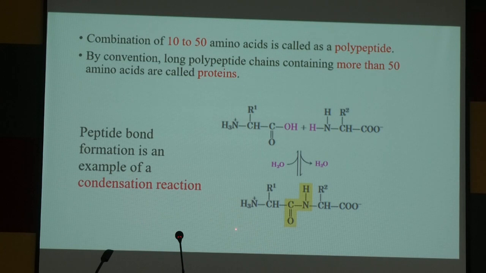So here also we can see that in this dipeptide, this is the peptide bond here. So which are the structures or the molecules which can contain charge? Amino nitrogen and carboxylic carbon.